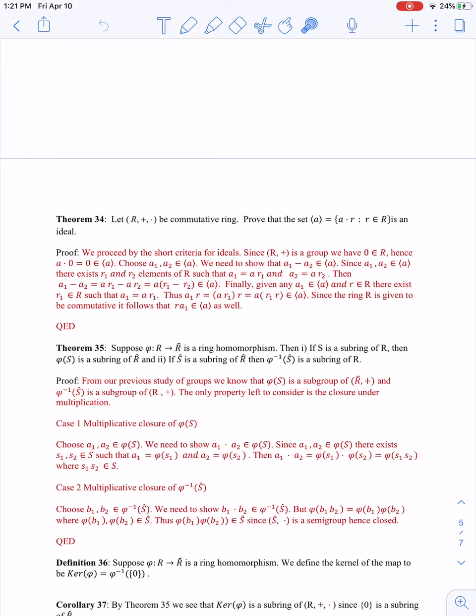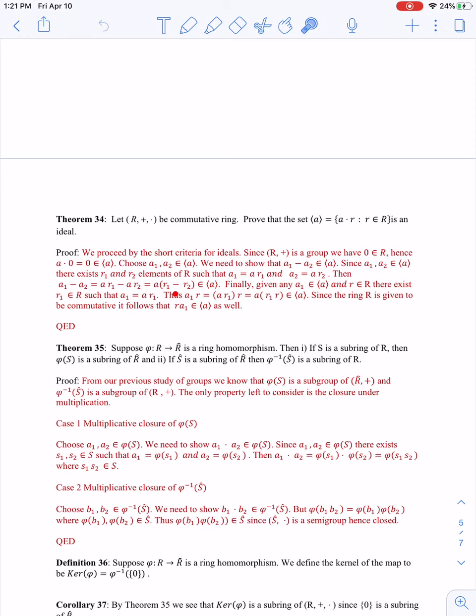Next, I pick two things from that set, and I need to show the first minus the second is also in there. Well, since A1 and A2 both come from the subring generated by A, there exist R1 and R2 such that A1 is A R1 and A2 is A R2. Then A1 minus A2 is A R1 minus A R2.